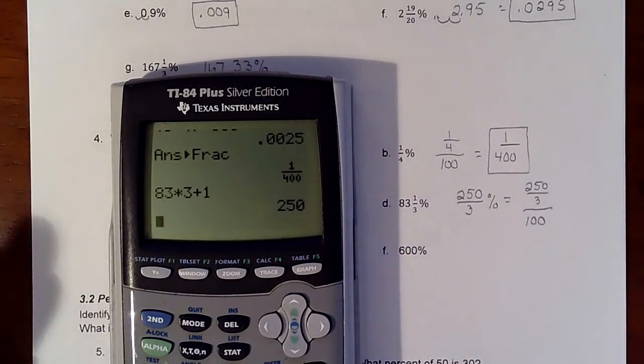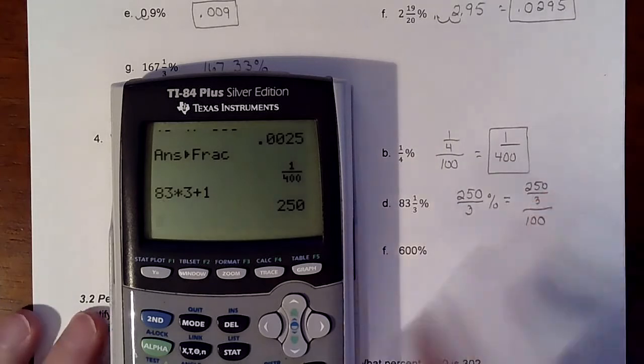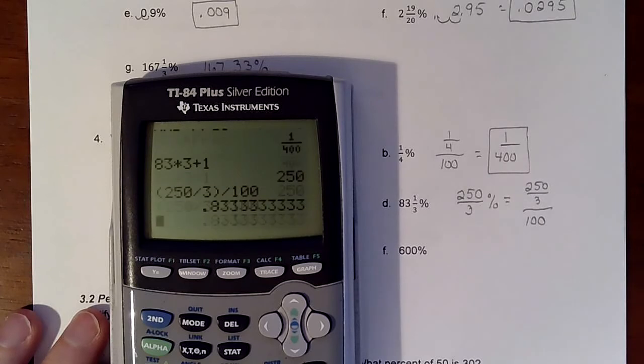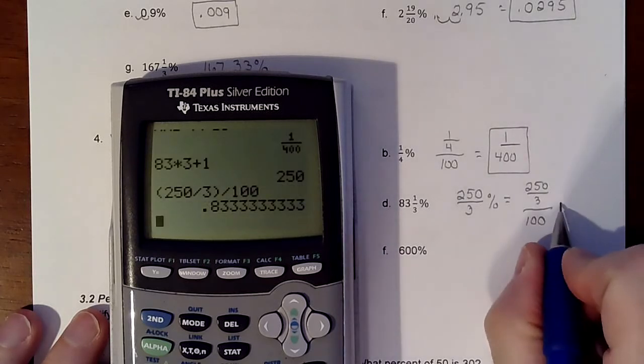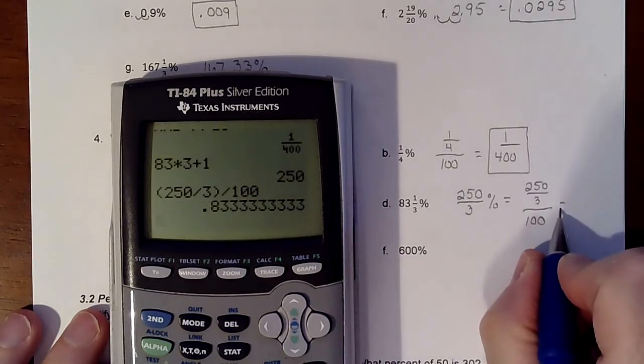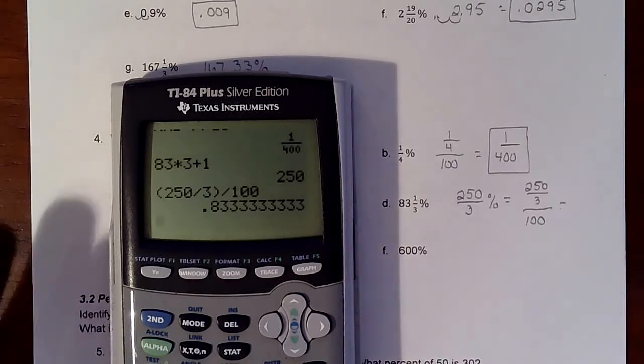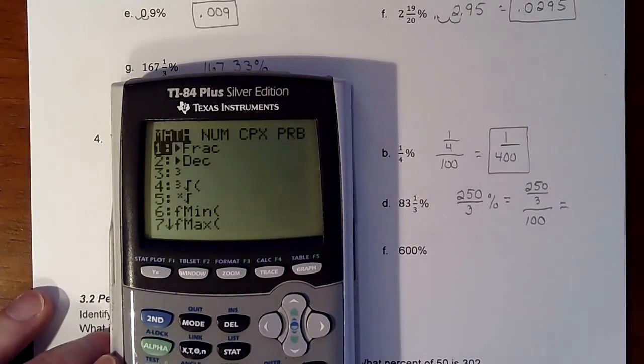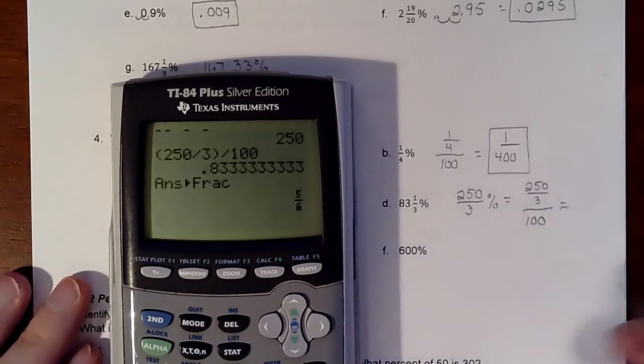All right, so just be careful with your parentheses, just like we did in the last one. So we're going to put 250 divided by 3 and divided by 100. All right, so that is our decimal. We don't want the decimal. We're going to math frac it, and we get 5/6.